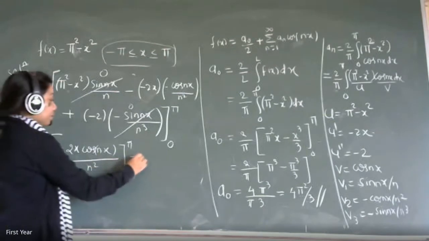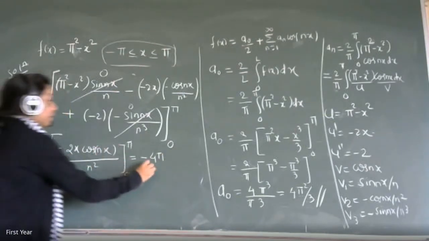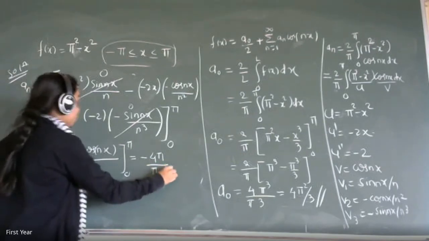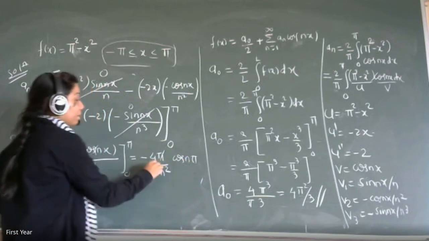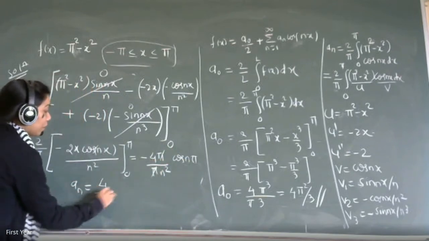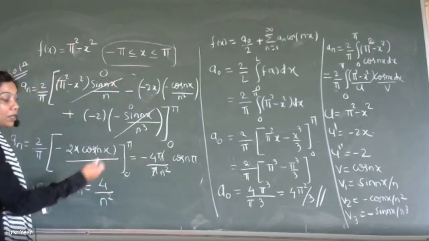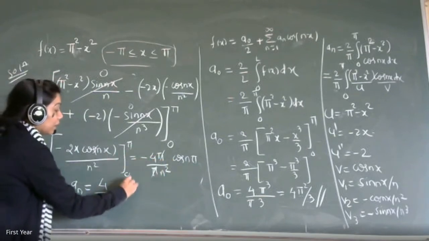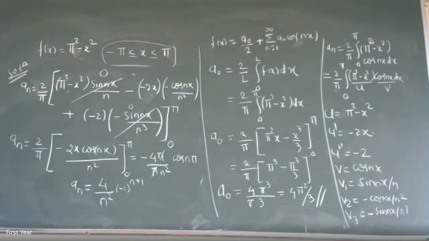So this will become minus 4 pi, x is equal to pi, divided by pi into n square, cos of n pi. So pi and pi get cancelled. Therefore, an becomes 4 upon n square. We wrote the cos n pi value in the previous example. It is minus 1 raised to n. And this one more minus sign. So minus 1. Is this clear to everyone? Have we got the value of an?